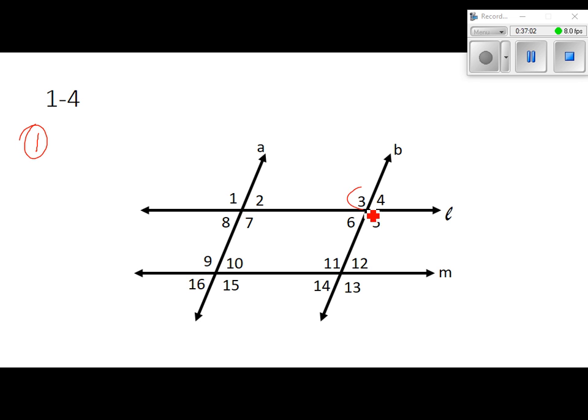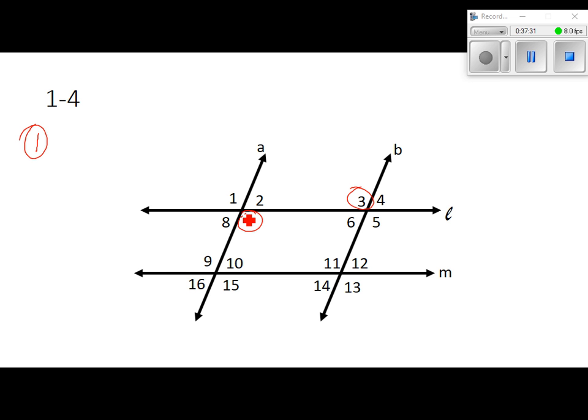Angle 3 is congruent to angle 7. Looking at those two angles. Aaron, you still with me? Looking at those two angles, what's the transversal that connects those two angles? What's the transversal? L. So what line do I want to get rid of in this picture? If I cover that up, what kind of angles are those 3 and 7 to each other?